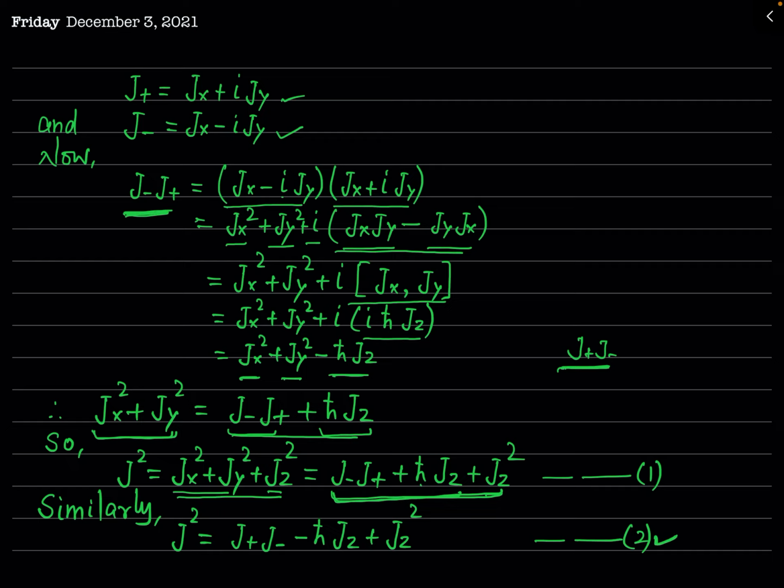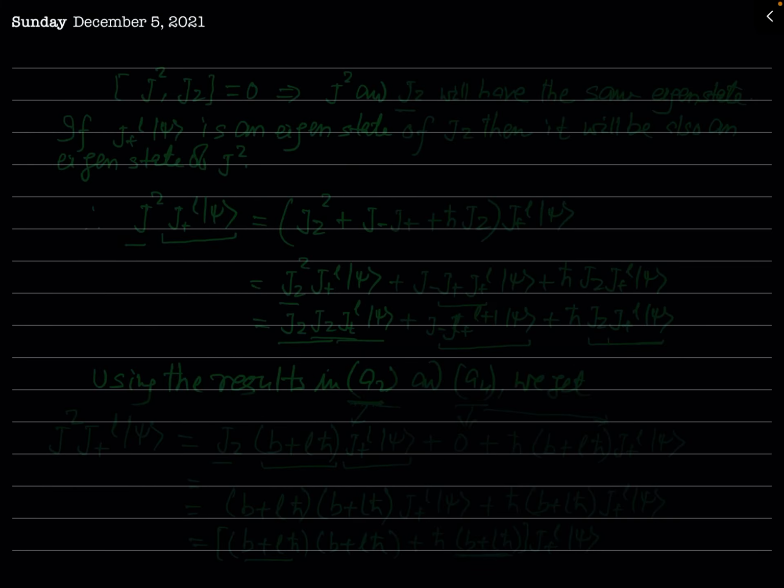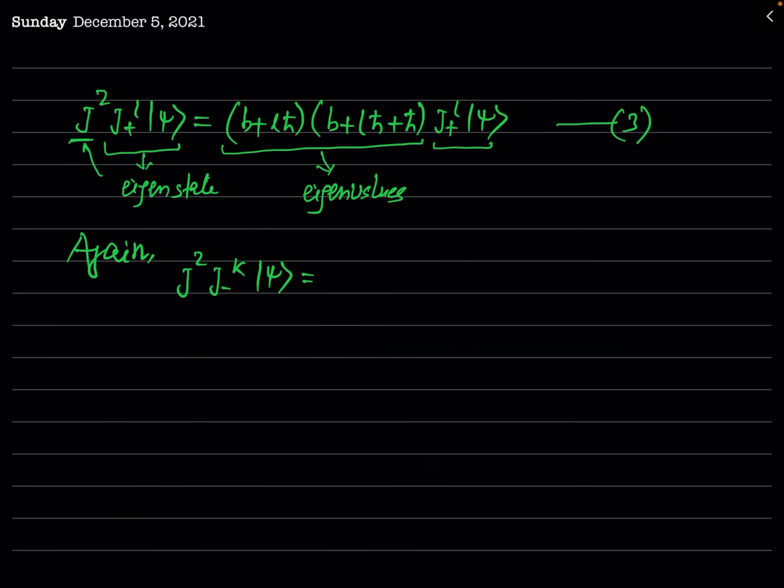Because when we consider the integer k, it means we are talking about the maximum value, and then you should replace J square by this equation 2. So instead of J square, now we will write J plus J minus H bar Jz plus Jz square. So making use of the meaning of J square defined earlier, you can write like this.